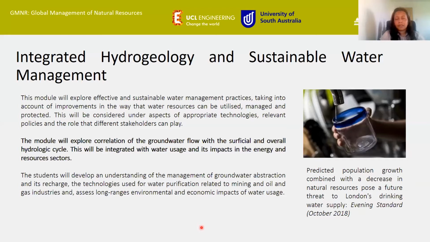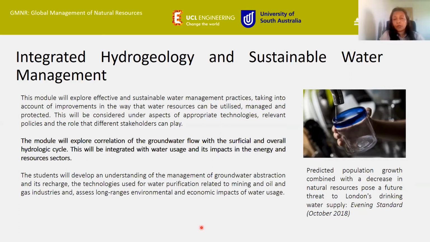And then we need to be very focused on understanding the groundwater, because as you will realize, that is the biggest storage source for our fresh water. We need to understand about the groundwater abstraction versus groundwater recharge. So this is an important aspect the module is going to begin with.